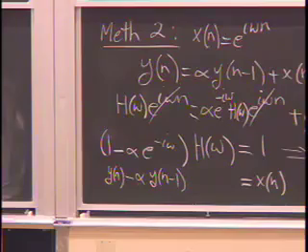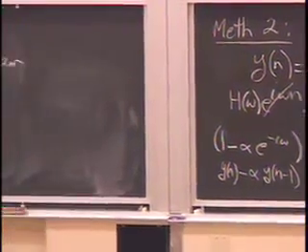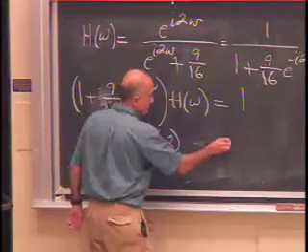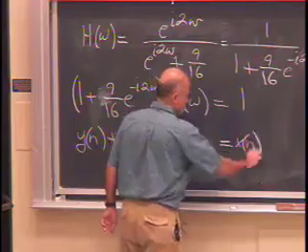So what's the first term? y of n. Then what? It's not a minus, it's the opposite sign of that. I have a plus here. Plus, this is actually magnitude alpha squared, so it's 9 over 16, times y of n minus 2, equals x of n. That's your equation.